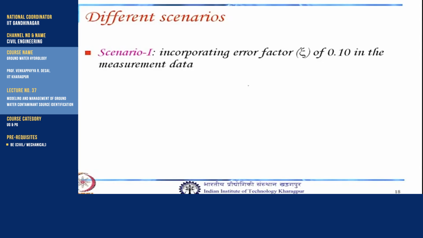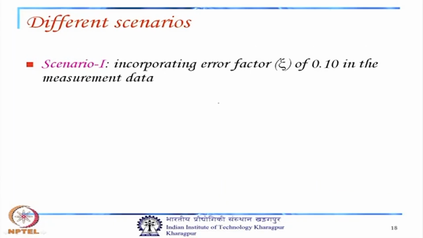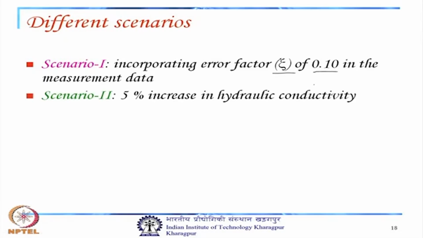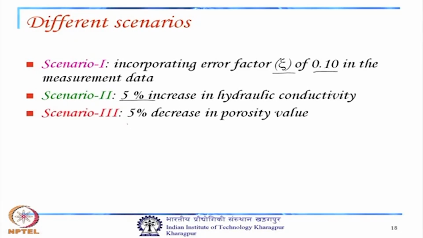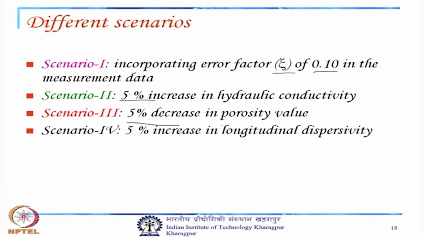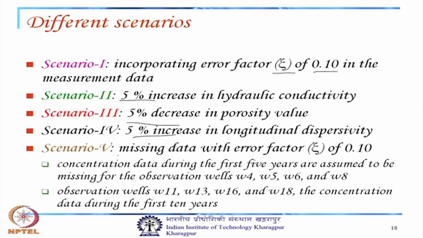Scenario 1, that is error factor theta of 0.1 in the measurement data, 5% increase in the hydraulic conductivities, 5% decrease in the porosity values, 5% increase in longitudinal dispersivity, missing data with error factor.